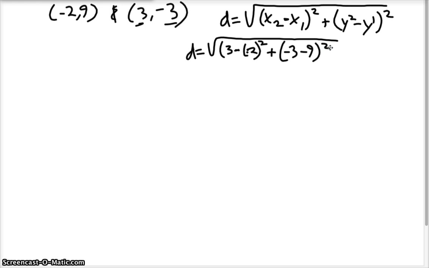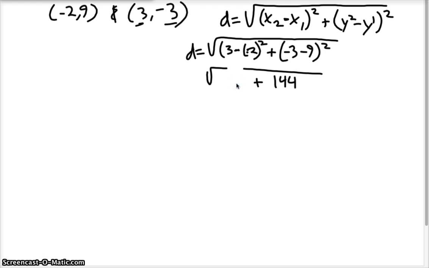Okay, so 3 minus negative 2 means 3 plus 2. So now I'm dealing with 5 squared plus negative 3 minus 9. That's going to be negative 12 squared. And negative 12 times negative 12 is going to equal 144.